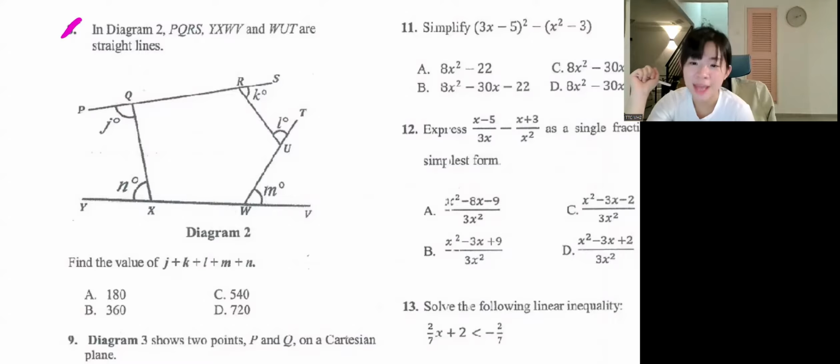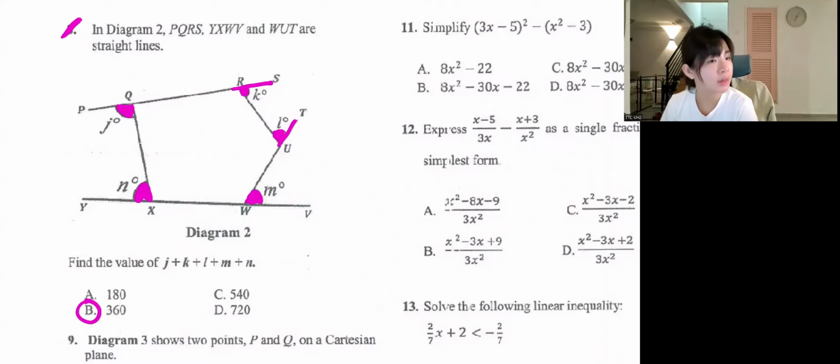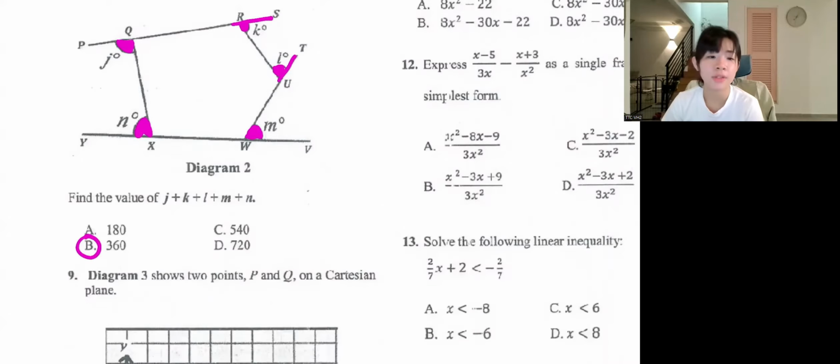This one, what is your answer? Okay, so they give you a polygon and they draw straight lines. If they extend all the straight lines, all these angles, we call them exterior angles. What is the sum of exterior angles? The sum of exterior angles is always 360, no matter what polygon. So the answer is B.